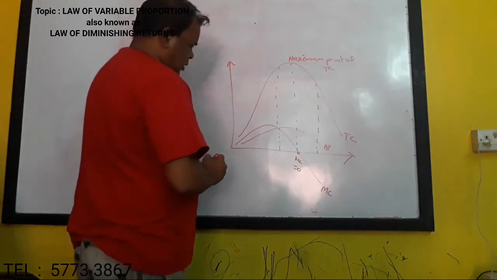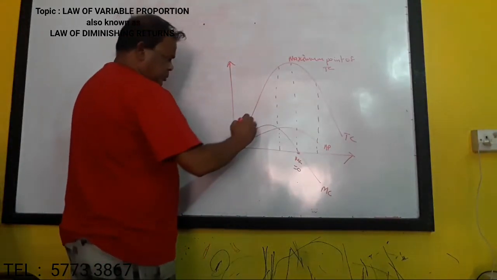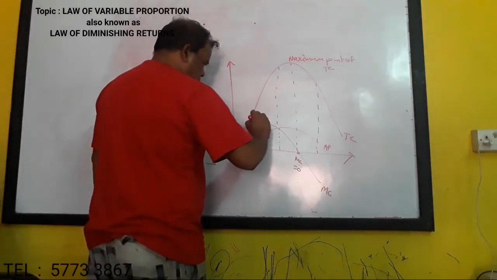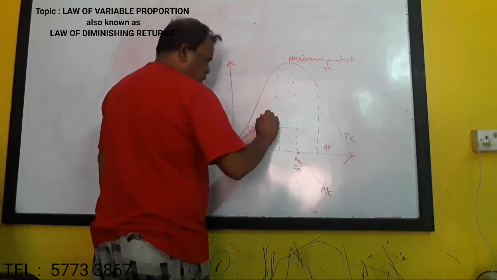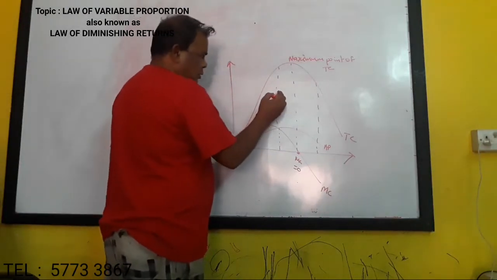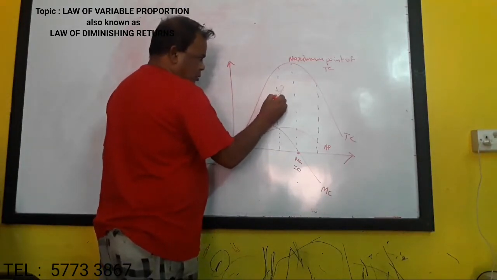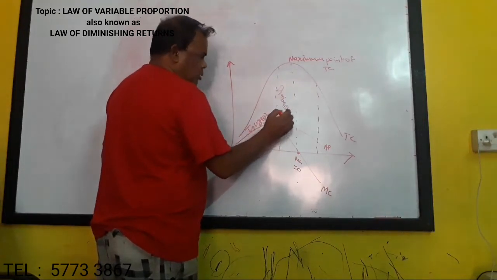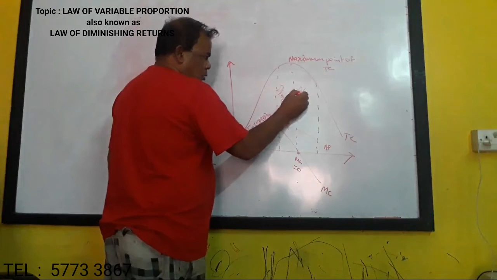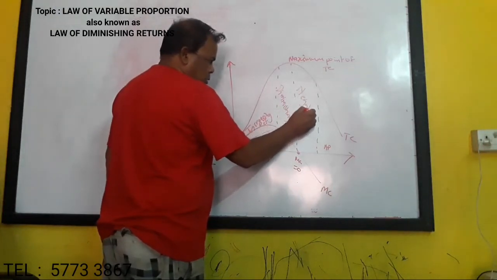This is the first stage, increasing returns, and then we'll have diminishing return, and this one negative returns.